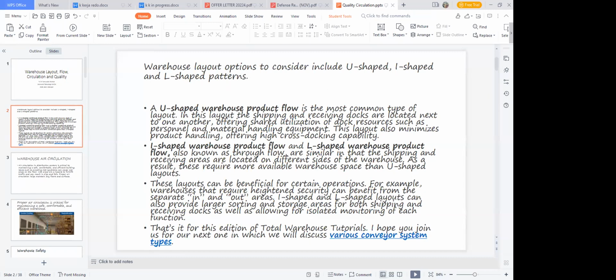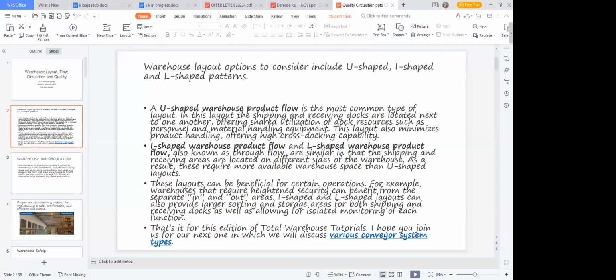In the I-shaped and L-shaped warehouse, we also call it a through flow. Remember, if you go to KFC or McDonald's, we have a drive-through, whereby the customer comes in from one angle and moves out from another angle.